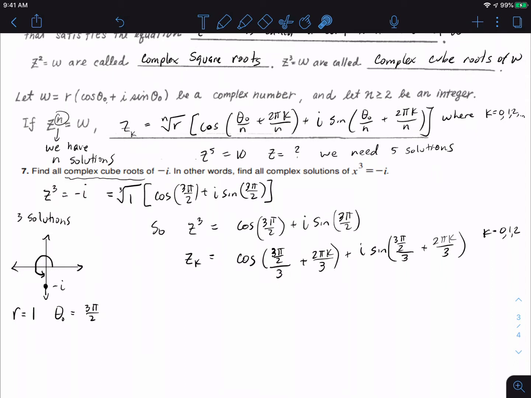Okay, good. And I'm going to show you, instead of getting all crazy and doing it that way, a more practical way to do it that will be a little bit simpler for you guys. So watch this. My initial z naught is going to be cosine of, what is 3 pi over 2 divided by 3? Isn't that going to be pi over 2?